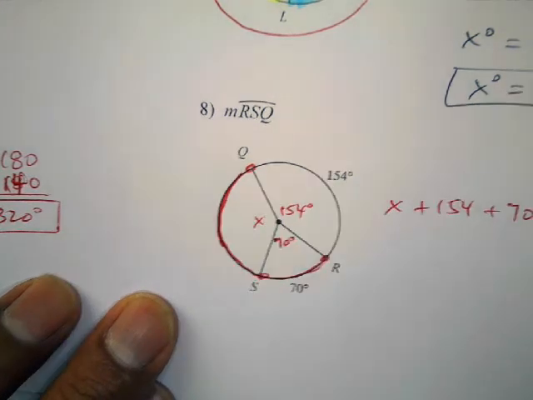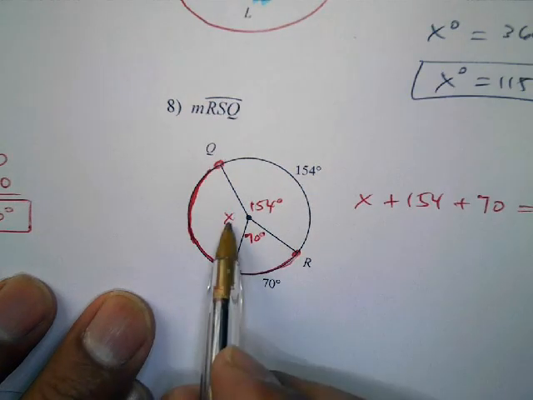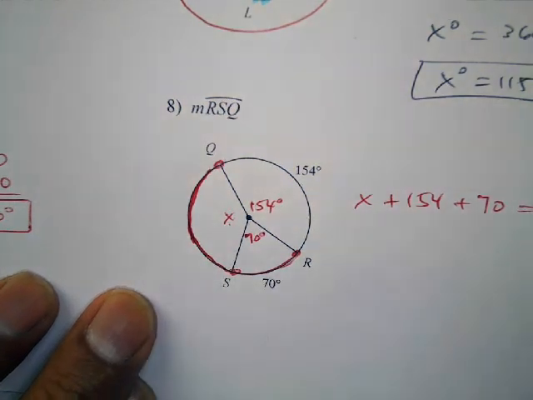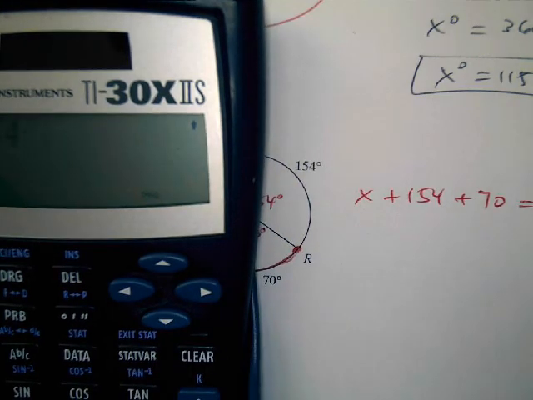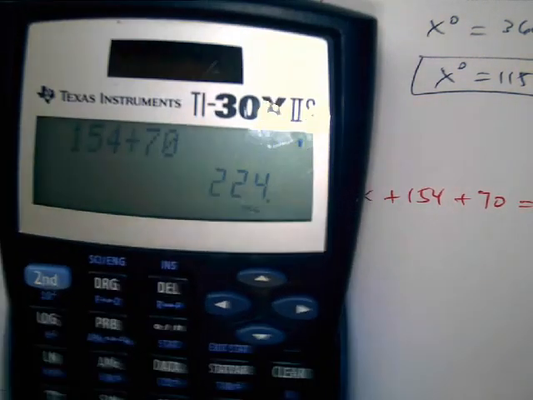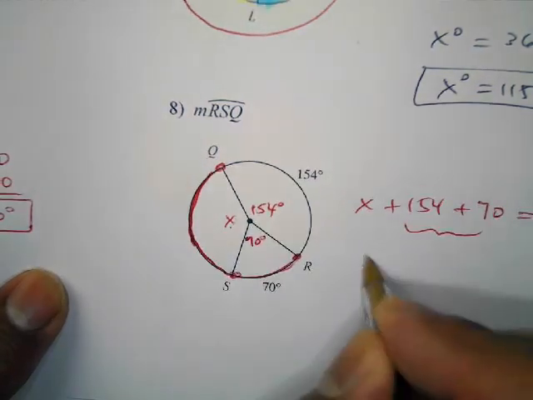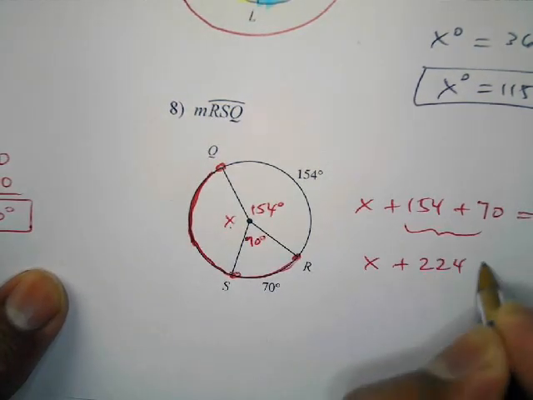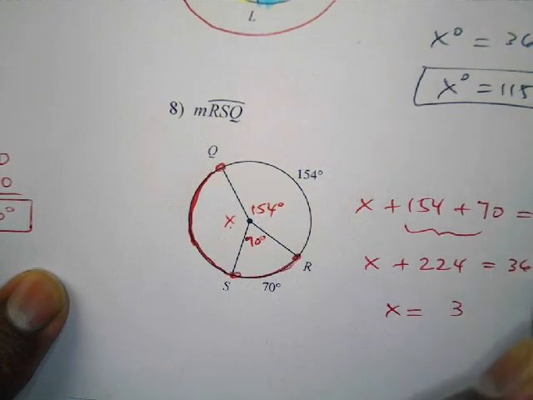So I'm going to call this X. X plus 154 plus 70 is equal to 360. I need to know what this angle is so I know what the arc is. 154 plus 70 is 224.